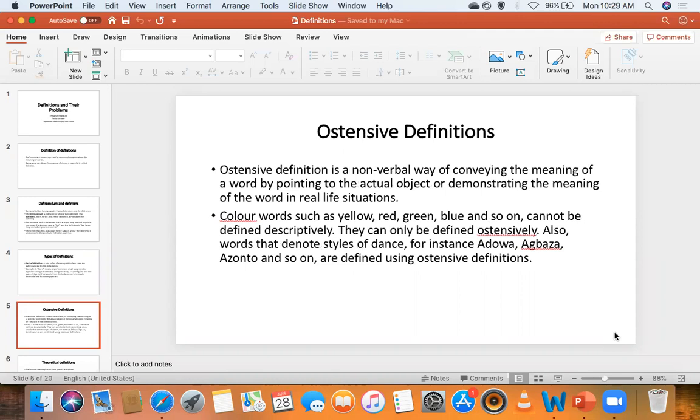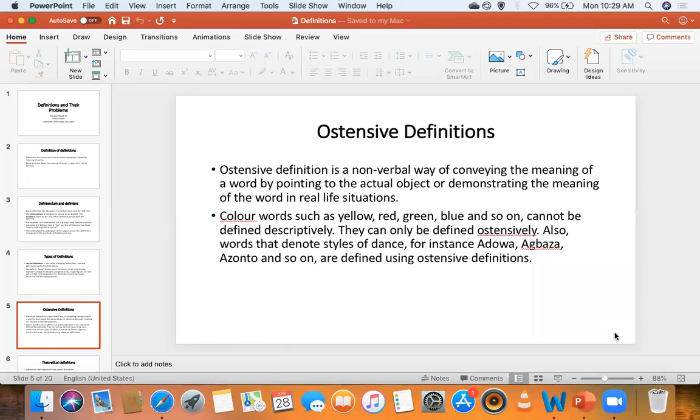Now let's look at ostensive definitions. An ostensive definition is a non-verbal way of conveying the meaning of a word by pointing to the actual object or demonstrating the meaning of the word in real life situations. So to define something ostensively is to define it not by using words.